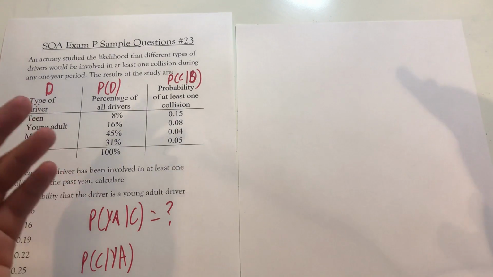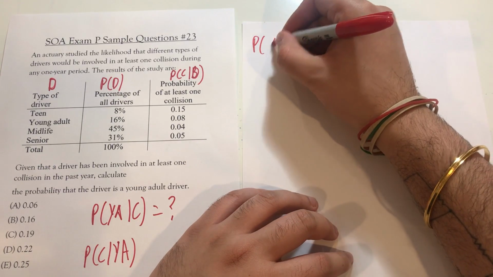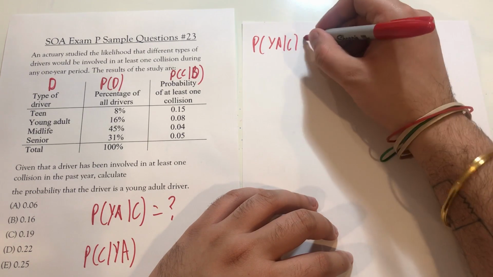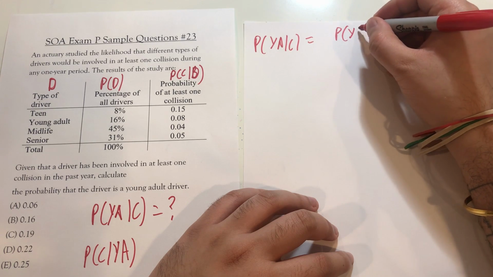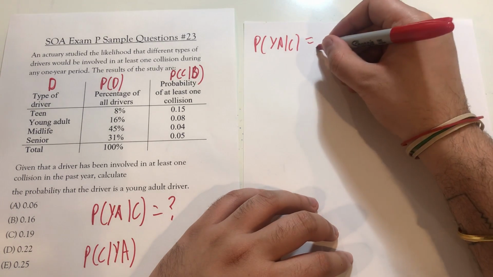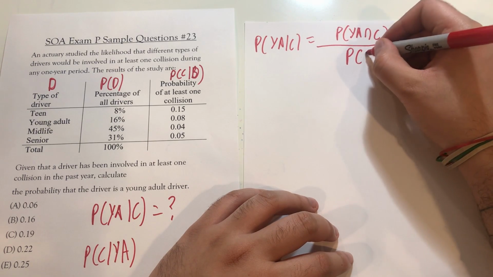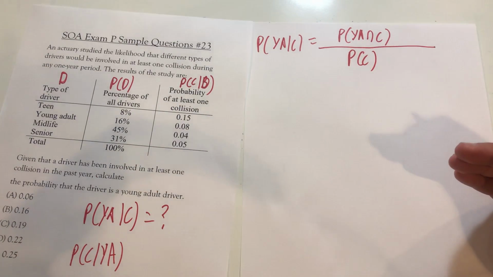So using the equation, the probability that a driver is a young adult given that this person's in a collision is equal to the probability of being a young adult and being in a collision over the probability of being in a collision. Now, we don't have either of these pieces of information, but we can get them.